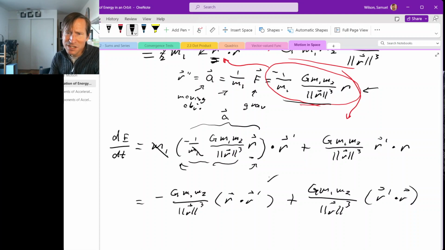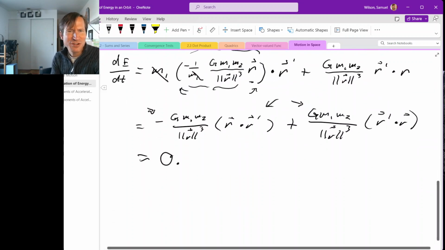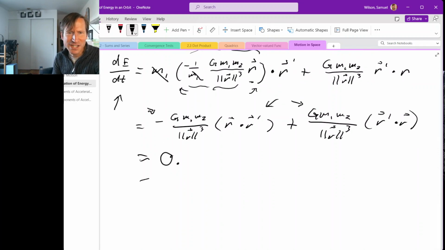Okay, and these two things are exactly the same, except the one in front has a minus sign, but that means that they cancel, and this all adds up to 0. So, in other words, the derivative of the total energy is 0, but that means that the total energy itself is constant because its rate of change is 0.